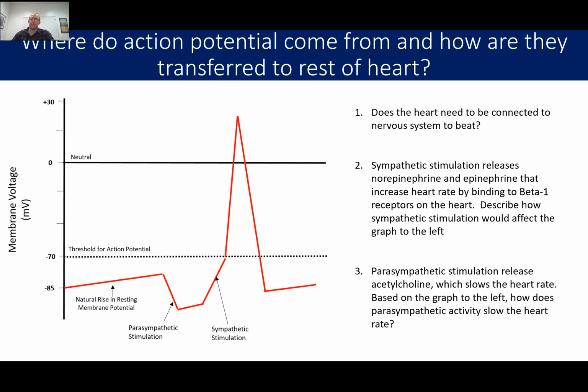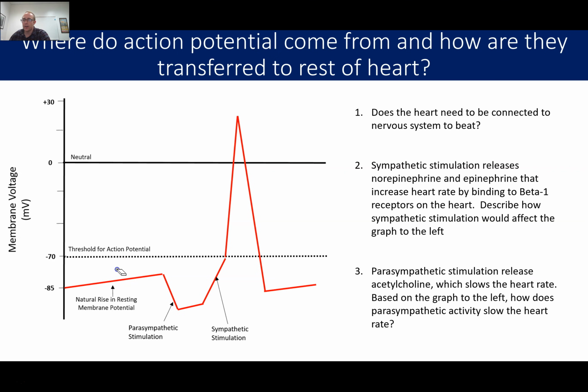So if you remember, in a skeletal muscle, the resting membrane potential was pretty constant. If we don't do anything, it stays under threshold and doesn't activate itself because the potassium and sodium don't leak across the membranes very quickly.